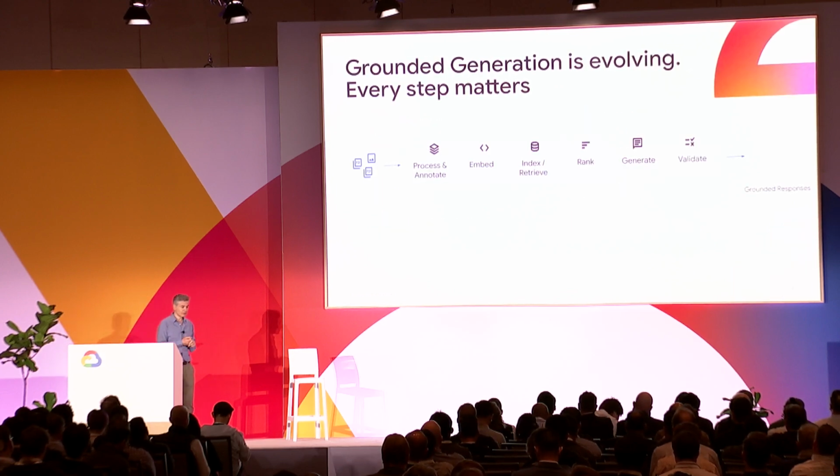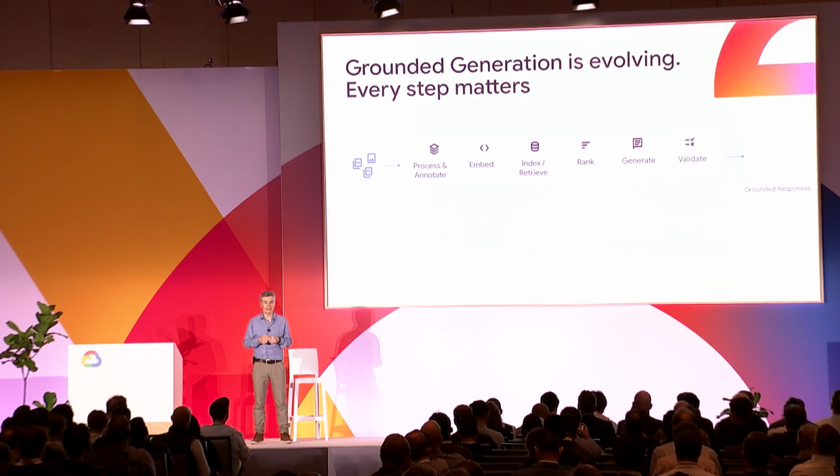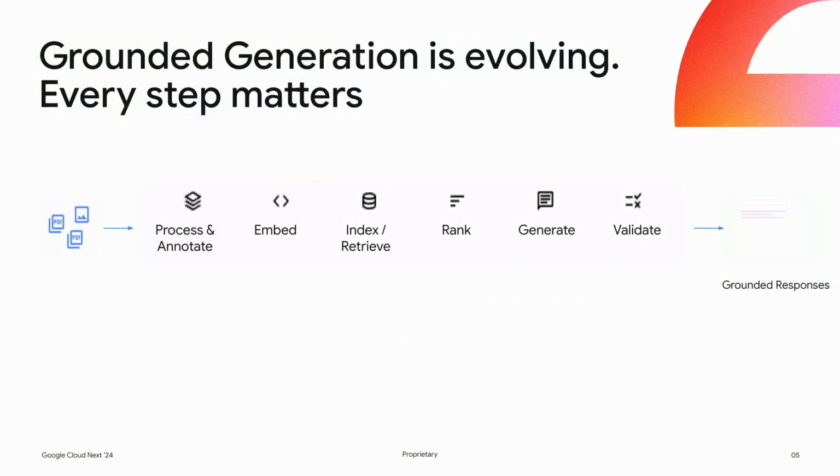So grounded generation is not, of course, a single linear recipe, right? But here we show a few steps that we see coming together most of the times in most of those applications. You need to process documents that can vary in terms of formats and complexity and so on. You need to have an embedding and indexing strategy in place. And of course, you have to have the right embedding models available for high quality.